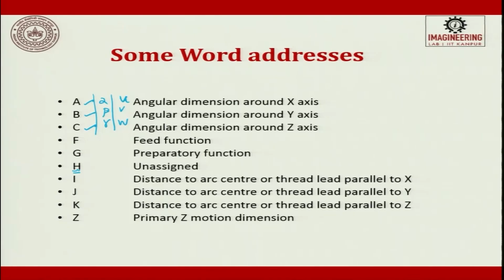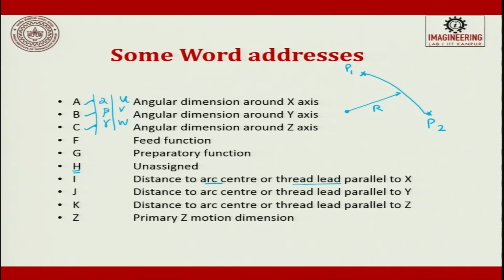H is unassigned, you can use it for anything. I, J, K are used for arc distance or thread lead parallel to x axis. So, suppose you have an arc, okay. So, this is the P1 point, this is P2 point. So, you can define the arc by P1 to P2, maintain this radius.